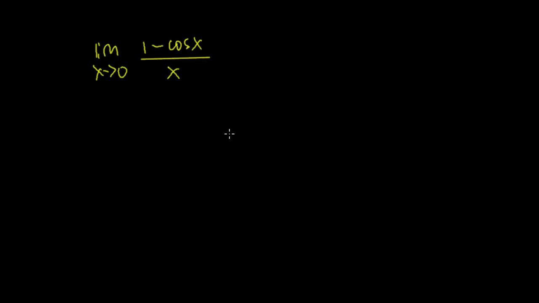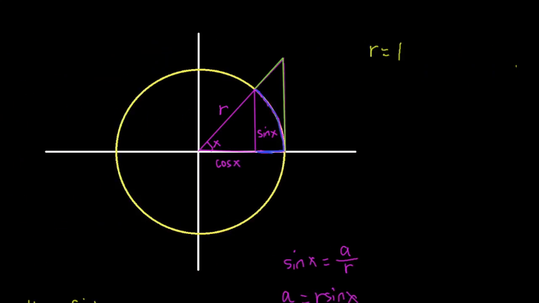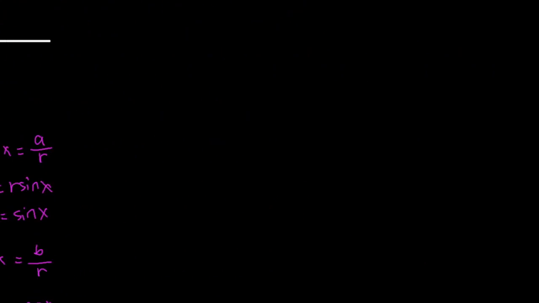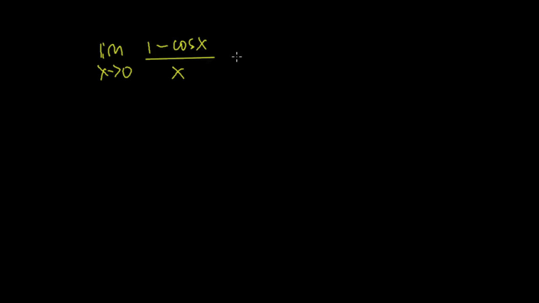What we can try to do is utilize this limit here that we just found out to figure out the limit for this one. To do that, we need sine x, right? How do we generate a sine x here? Now look at the numerator here, 1 minus cosine of x. Can you convert this in terms of sine x?